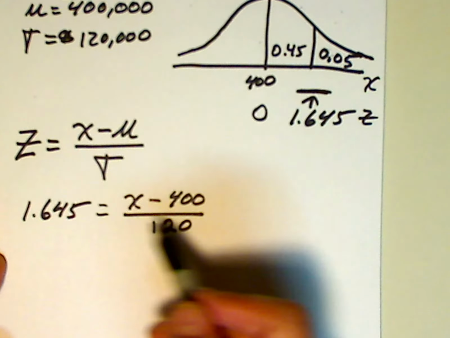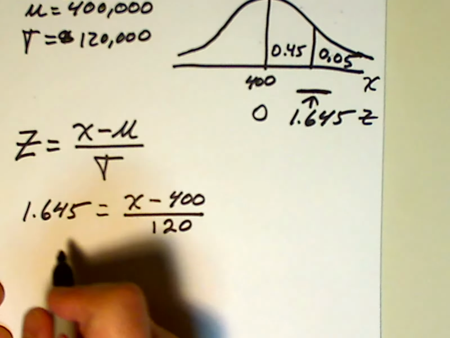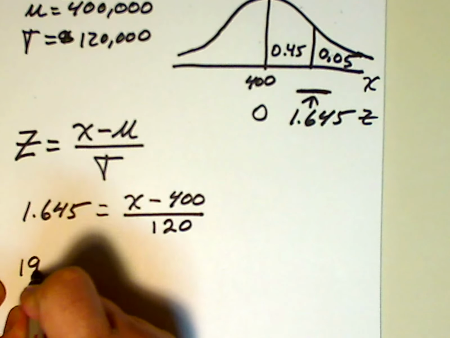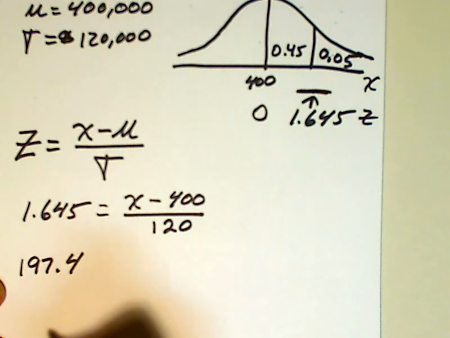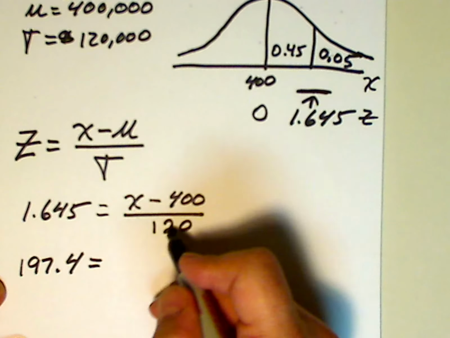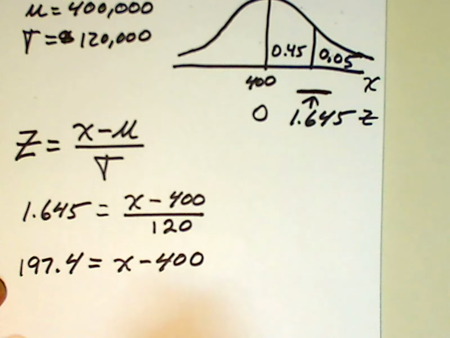If we multiply both sides of this equation by 120, 1.645 times 120 is 197.4, and that's equal to x minus 400.